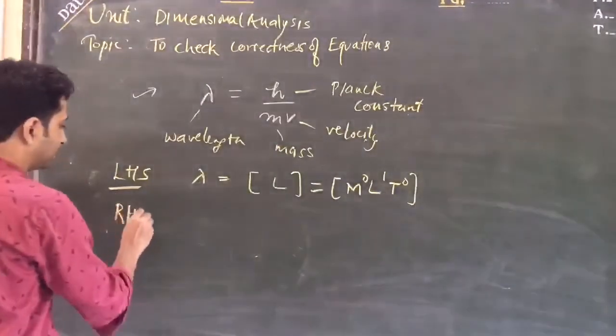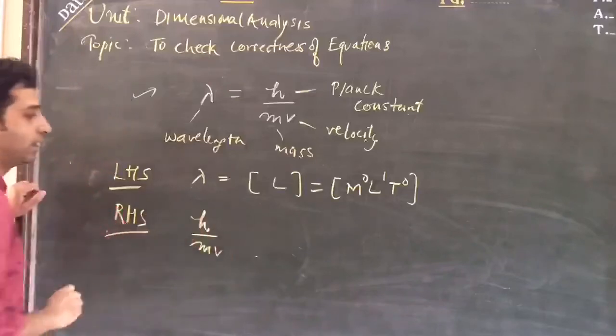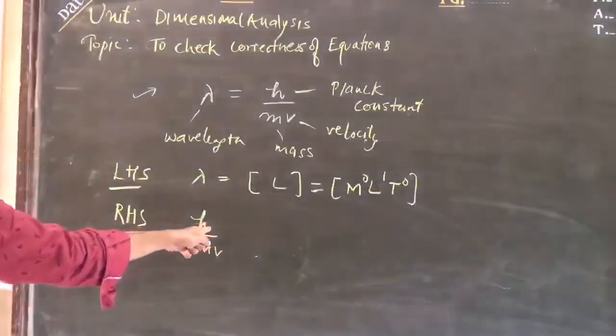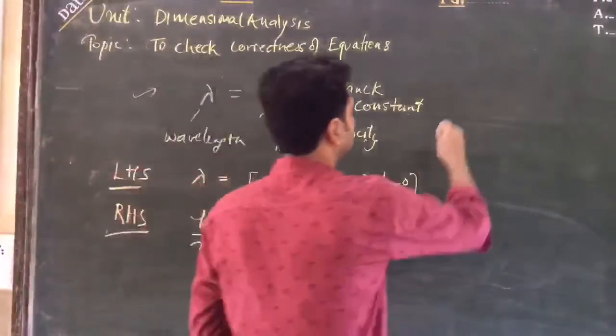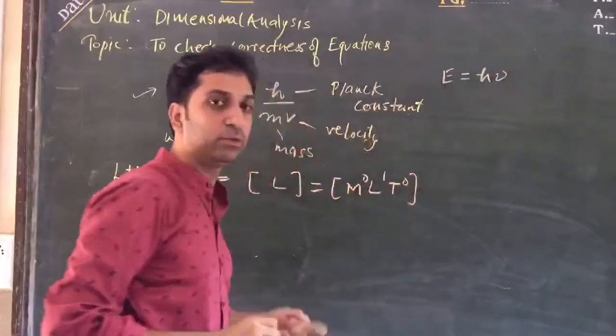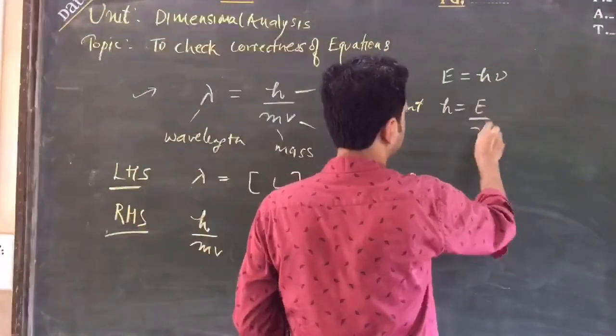Now the right hand side has mass, velocity and the Planck constant. You should know how to write the dimensional formula for the Planck constant. We have the basic equation E equal to h nu for energy, where nu is the frequency. So h is given as E by nu.